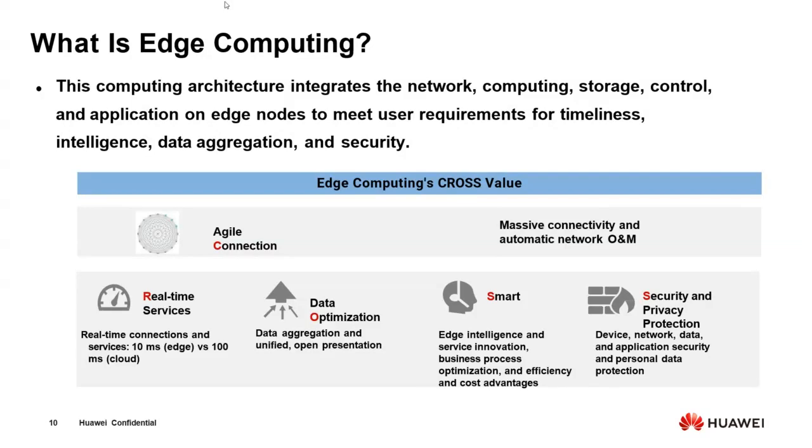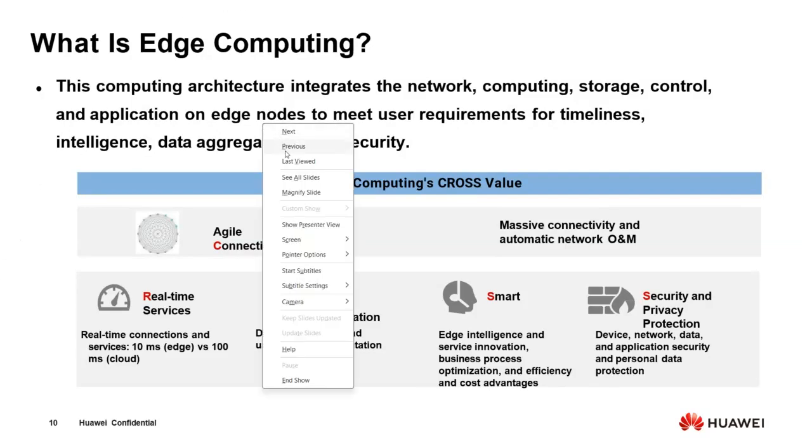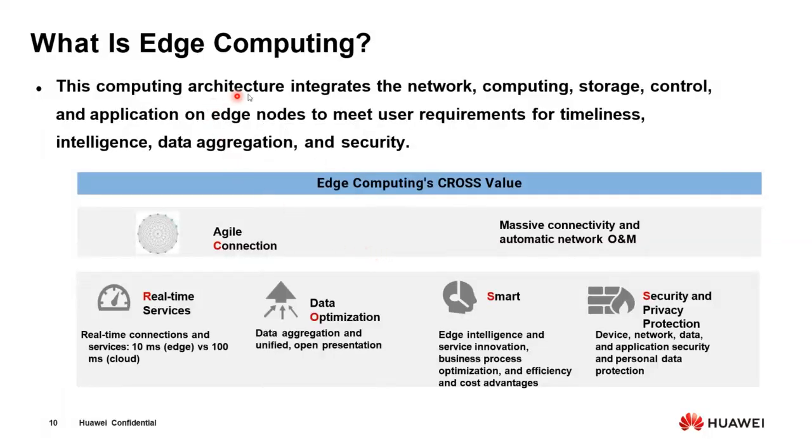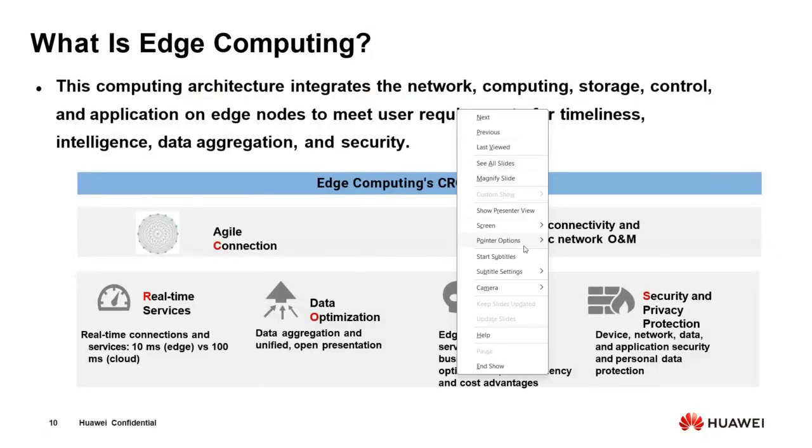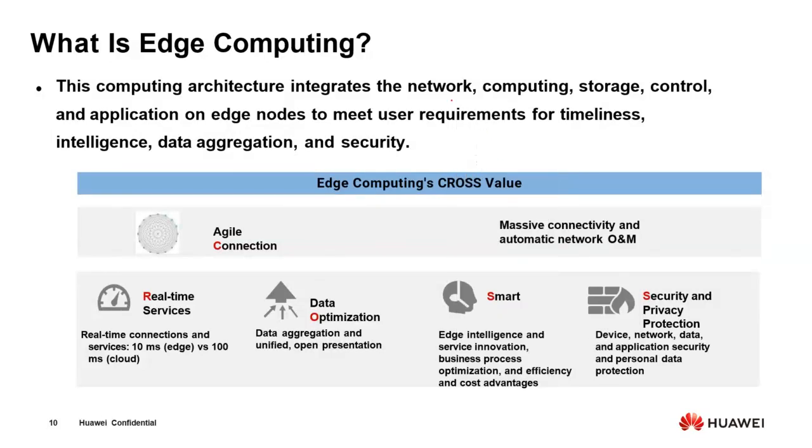So actually, as time goes on, this is the idea. Let me go back again to the screen. You can see that edge computing is actually an architecture that integrates networking, computing, storage, controls, and application on the edge nodes.